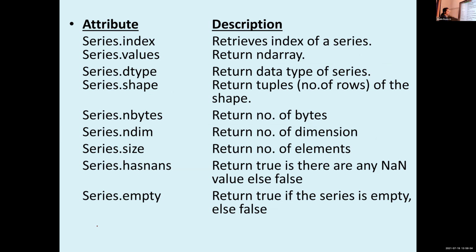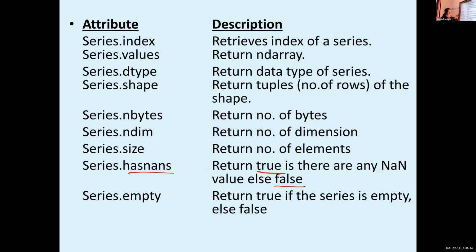Then has nans. Has nans checks for a NaN element in the series. NaN means not a number. If a NaN is present in the series, it will return a true value. If there is no NaN, it will return a false value.